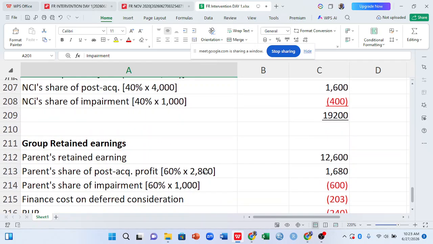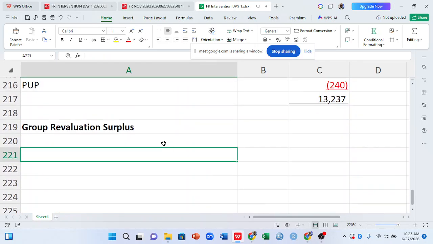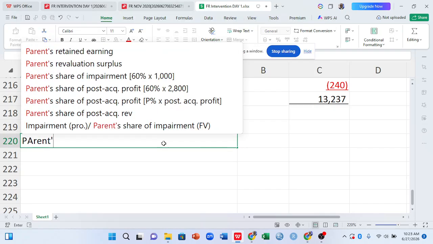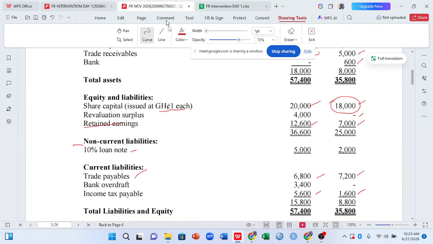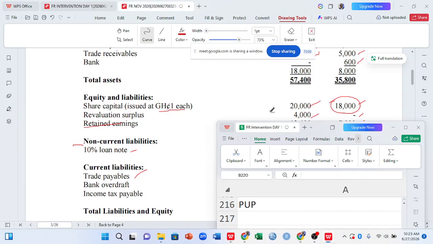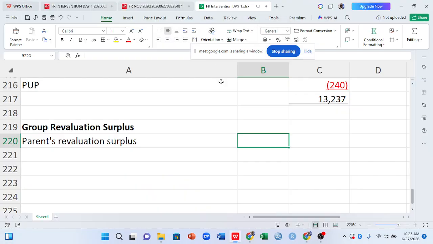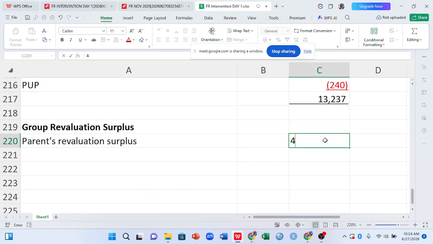Okay, so let's make headway. We move on to group revaluation surplus. First, we bring the parent revaluation surplus. The parent revaluation surplus is 4,000, so we bring the 4,000 here.